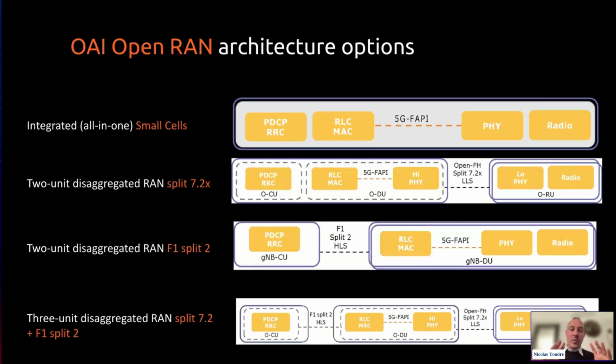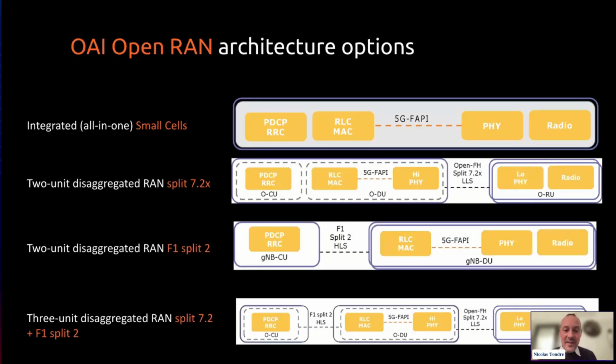So one box with a PC with the G-Node B composed of CU and DU, and one box, which is the radio unit, compatible with Open RAN, and the interface is called fronthaul interface or split 7.2 interface, and has been standardized by Open RAN. That means that you can use any Open RAN radio unit that you want. You don't have to get them all from the same vendor.